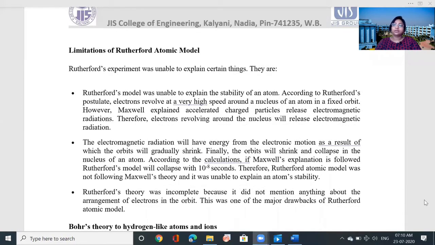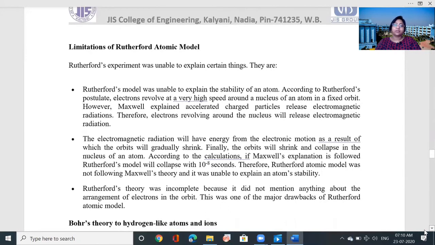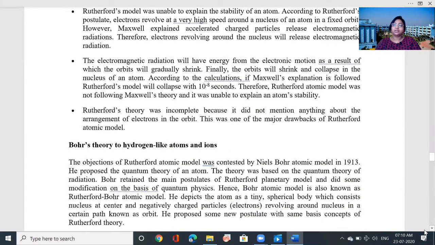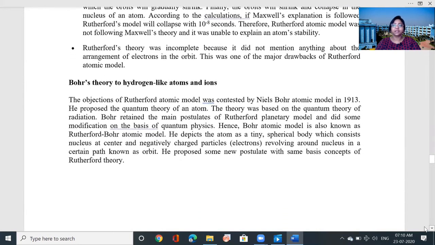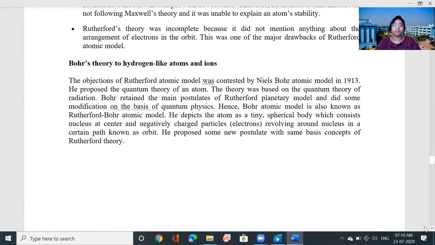So next scientist, Niels Bohr. He modified the Rutherford model, applying Bohr's theory to hydrogen-like atoms and ions. The objections to the Rutherford atomic model were contested by the Niels Bohr atomic model in 1913.